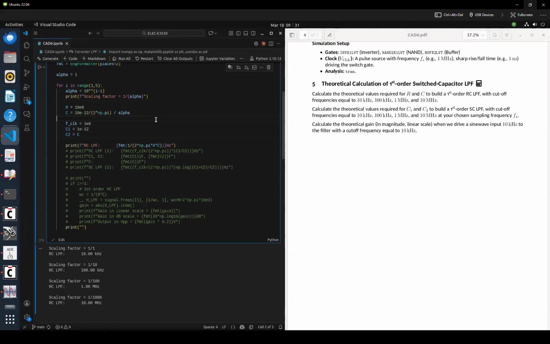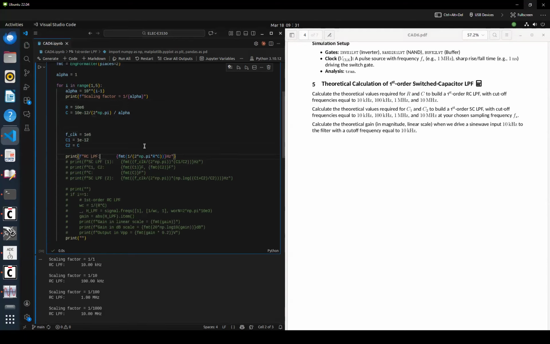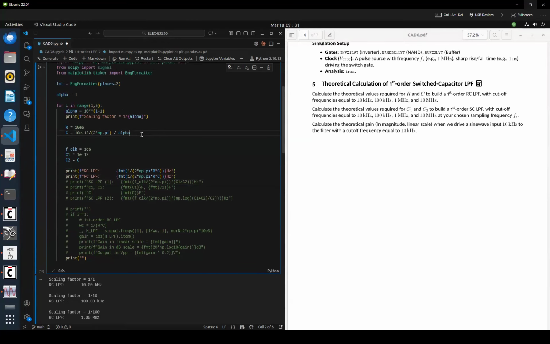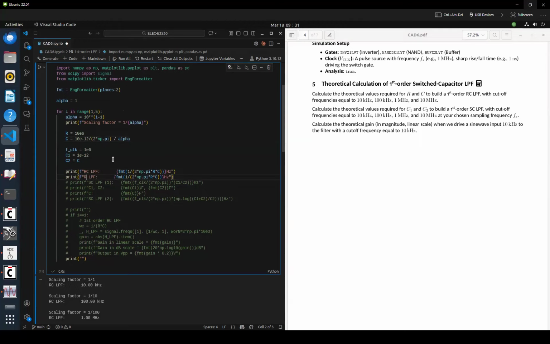Here in this case, we can print R and C, R as ohm and C as farad.